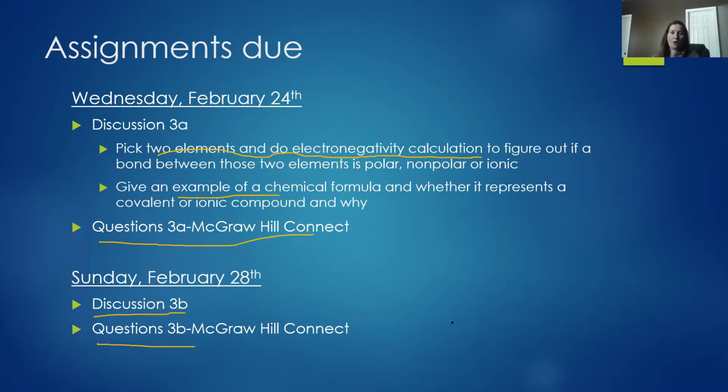So far, we're going to stick with this schedule, having those 2 items due on Sunday. If that changes, I will let you know by Thursday at the latest. Otherwise, we'll plan on getting those in by Sunday. If you have any questions, don't hesitate to email, reach out, and we'll get it all figured out.